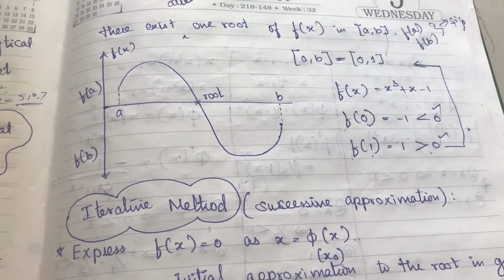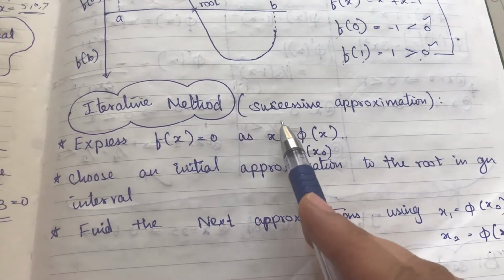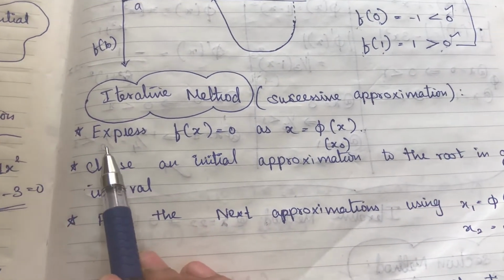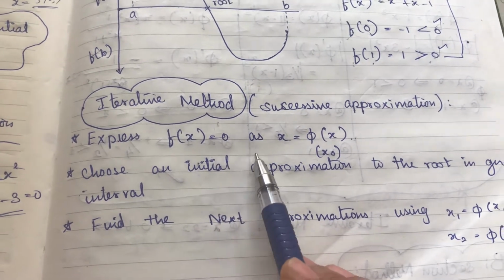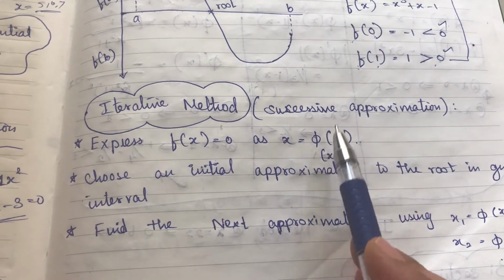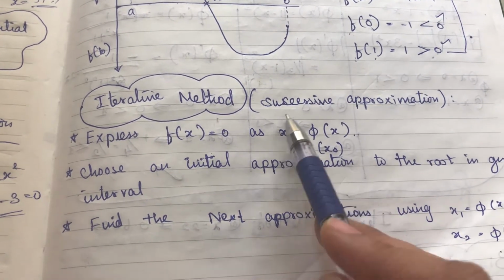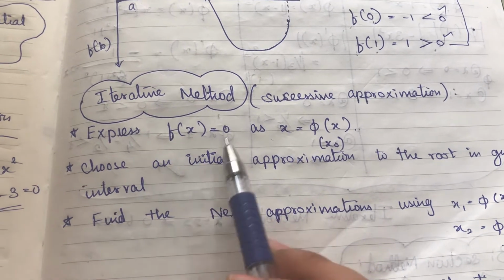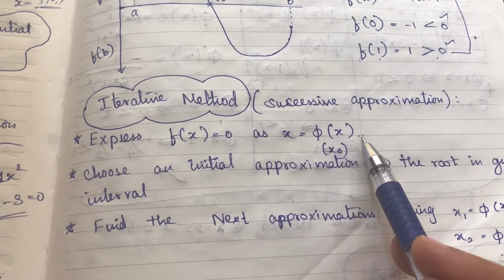Next one, the iterative method, successive approximation. Express f of x equal to 0 as x equal to phi of x, so x is also a function here.